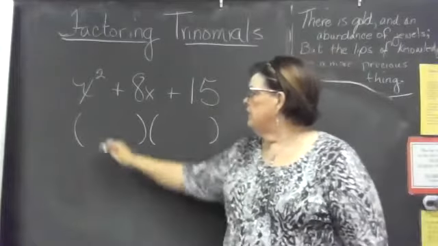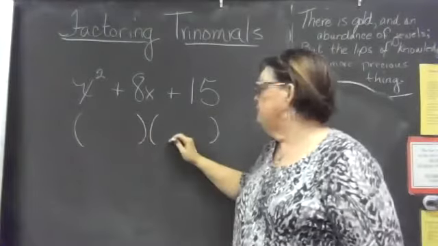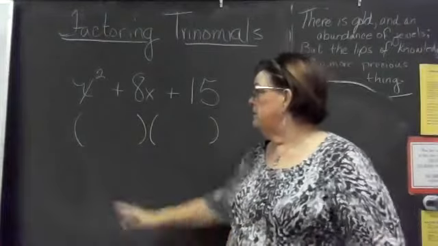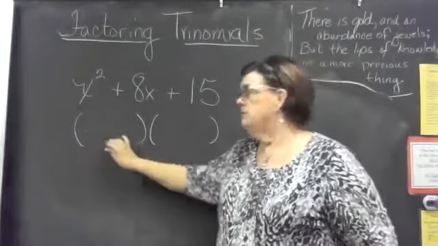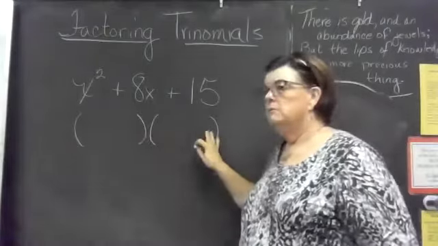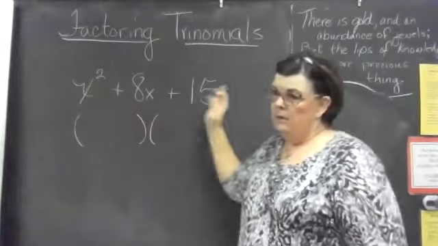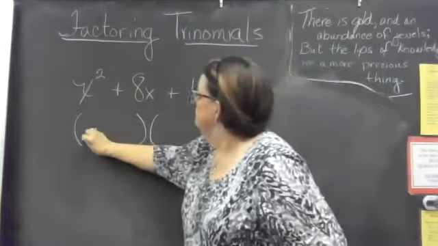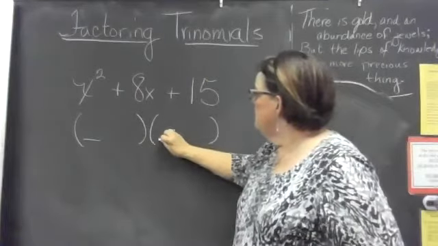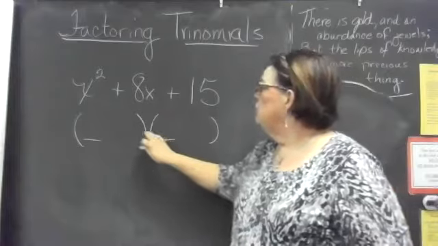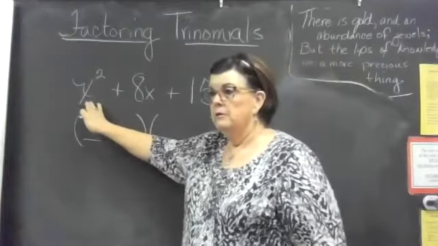You're going to have numbers and variables here, numbers and variables here. Now, when I talk about these, this is the front and this is the back. Are you guys okay with that? So the value that goes here and here, the front times the front will give me the front.